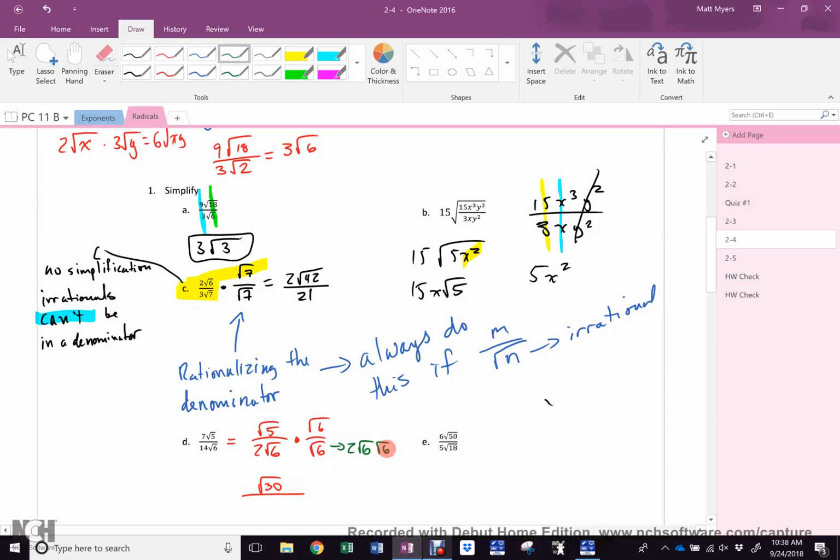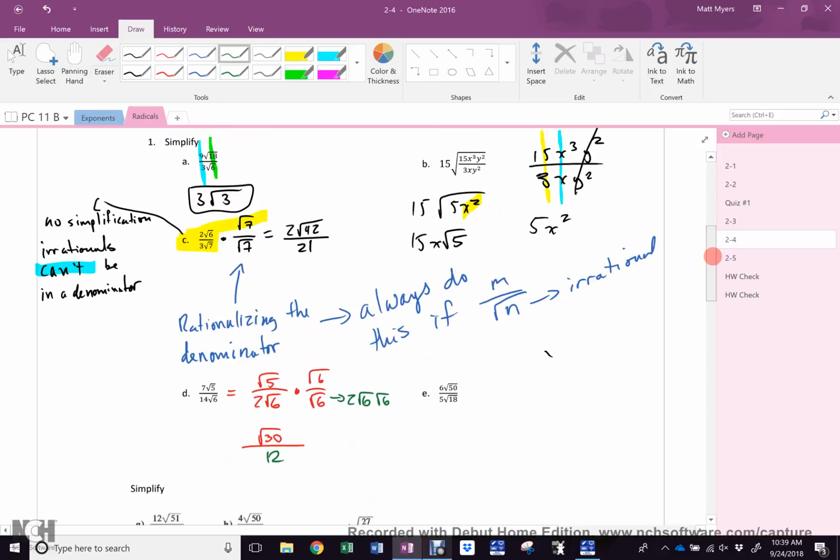Root 6 times root 6 is 6 times 2 is 12. Everybody cool? Am I done? I am, because 6 is 2 times 3 times 5. Correct? All right. I'm going to do E.